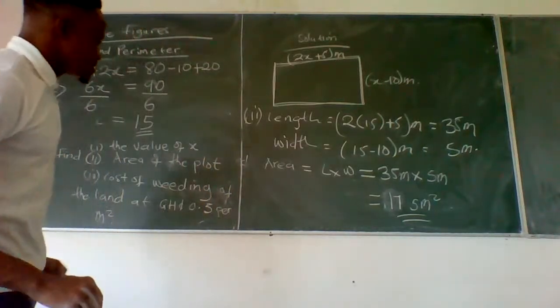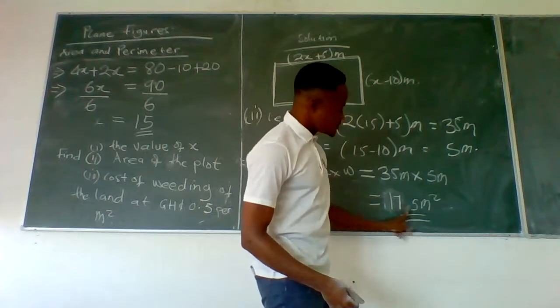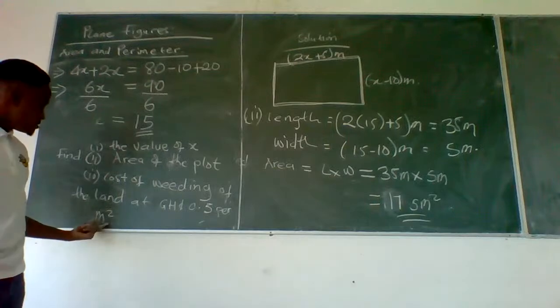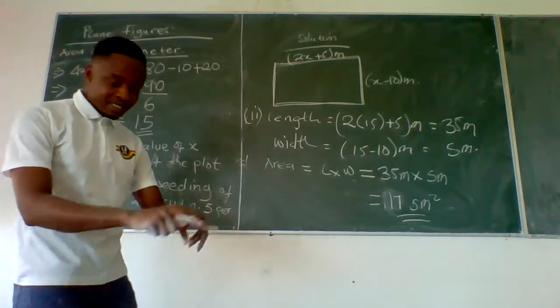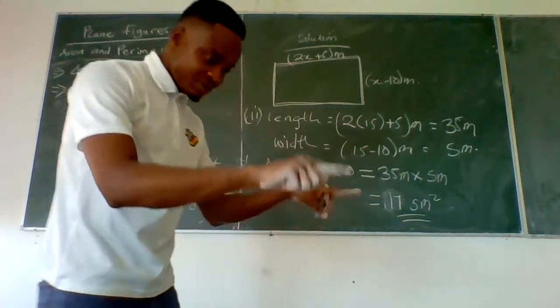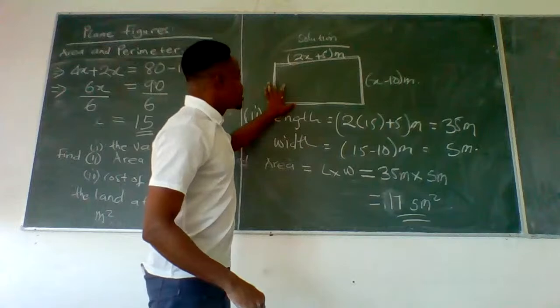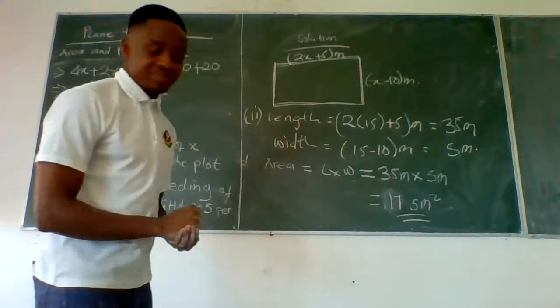So how are we going to deal with that? We know that the total area of the land is 175, and per meter square is 50 pesos. So if the person clears 1 meter, 50 pesos. So at the end of the day, how much are you going to pay him?